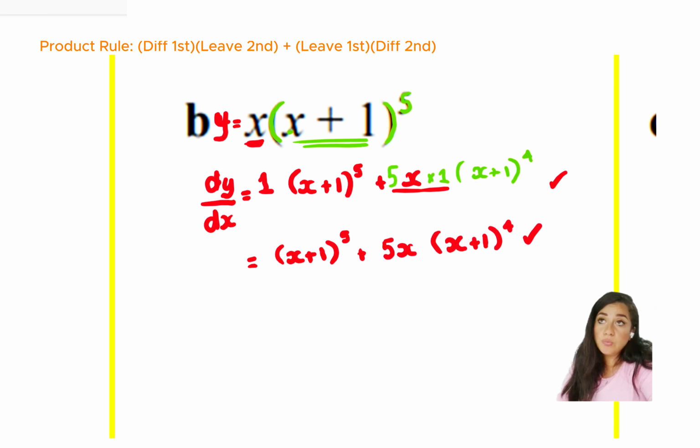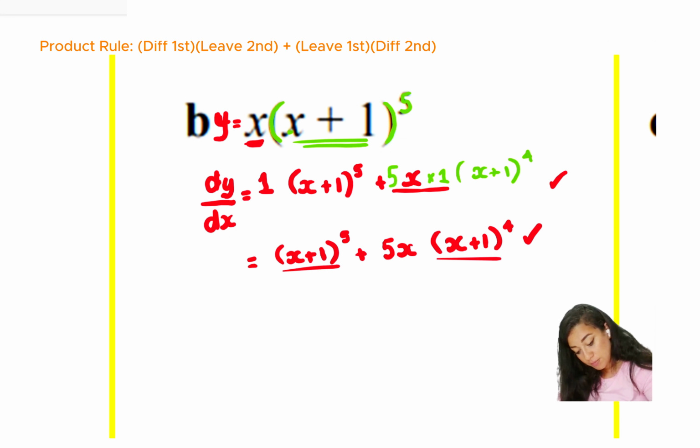But if the question wanted you to simplify it more or show it in a certain form, I'm just going to show you how to do that, which is just algebra that you would have learned in GCSEs or anywhere else. I've got x plus 1 to the power of 4, which is common between these two terms. So I can take x plus 1 out and factorize to the power of 4. In brackets, I've got x plus 1 to the power of 4.